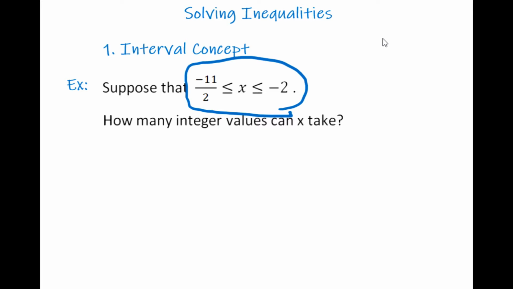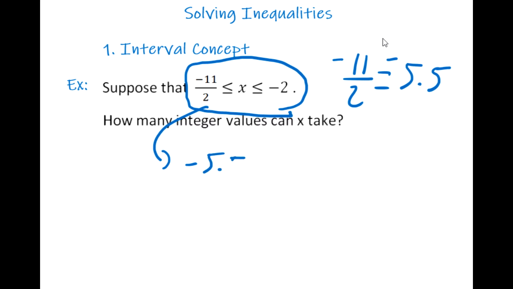Well, if you divide 11 by 2, we all know that if it was 10, that would be 5, and we have 11 divided by 2, so 5.5. And because there's a negative, I just put negative here. That means this interval can be written as negative 5.5 is less than or equal to x, and that is less than or equal to negative 2, guys.